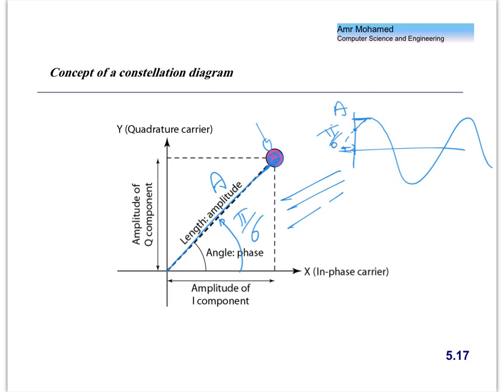Why do we need to do this? It turns out this IQ diagram allows us, similar to the frequency spectrum, which allowed us to understand many properties about the signal that we could not otherwise get from the time representation, to understand some other properties of the signals which we could not get in the frequency and the time domains.